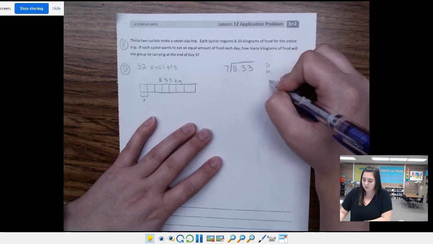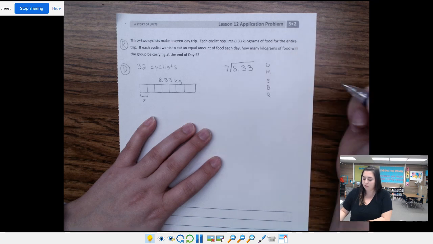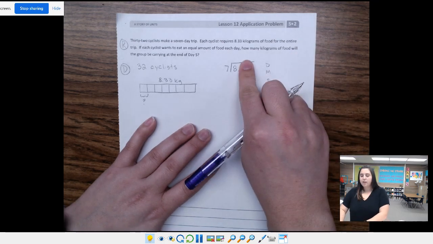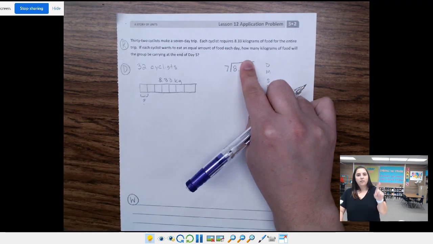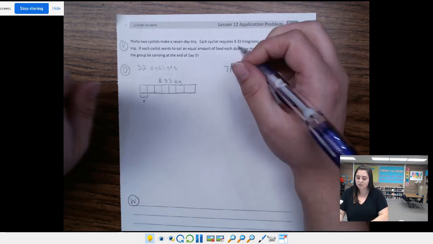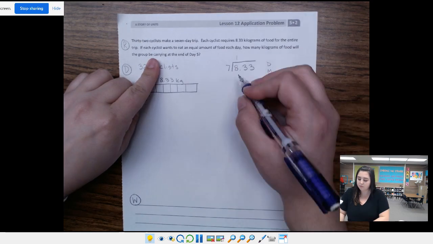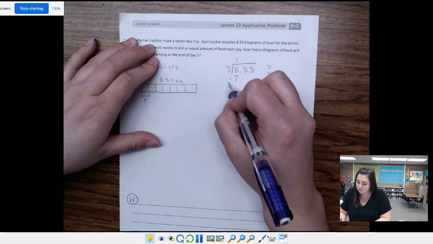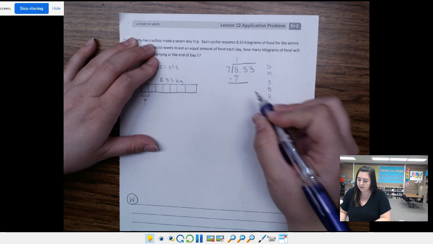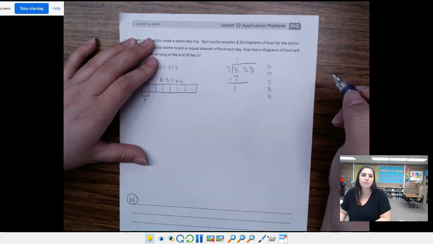Dad, mom, sister, brother, Rover. So first, covering up, 7 goes into 8. 7, 14, oh, too much. 1 time, 7. So 1 time, I didn't get quite to 8, I got to 7. Let's subtract. 8 minus 7 is 1.